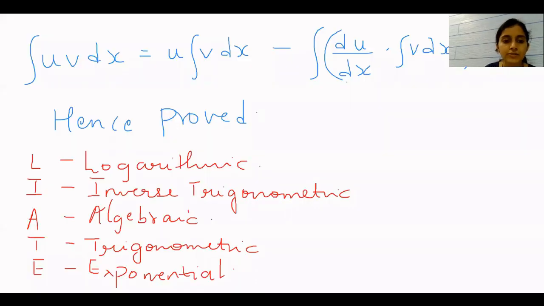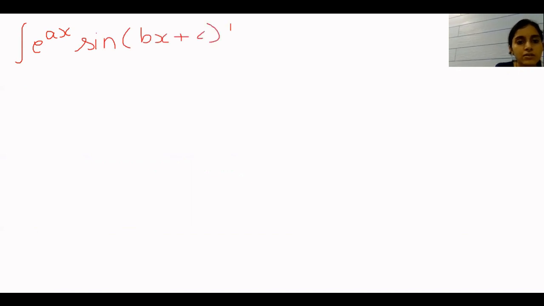Okay, so let us try to use this integration by parts for a proof sum. Let us try and use it for the integration of e raised to ax sine of bx plus c dx.